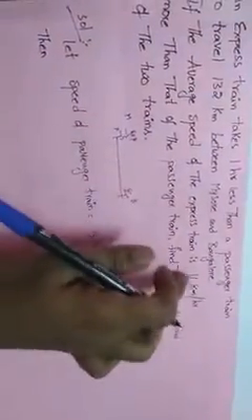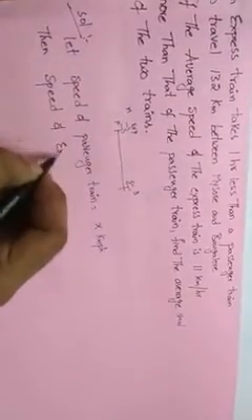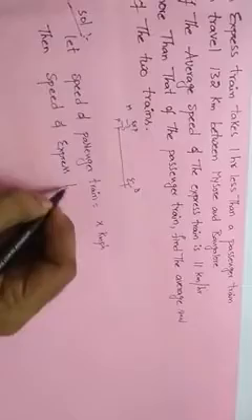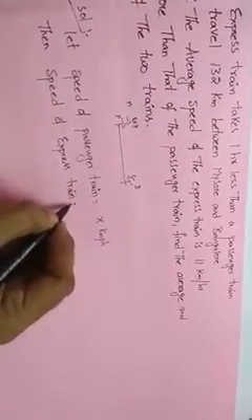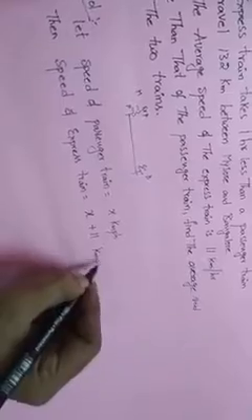Then the speed of the express train is 11 kilometers more than that of the passenger train, so the express train speed is x plus 11 kmph. If the passenger train goes at x kmph, then the express train will go at x plus 11 kmph.